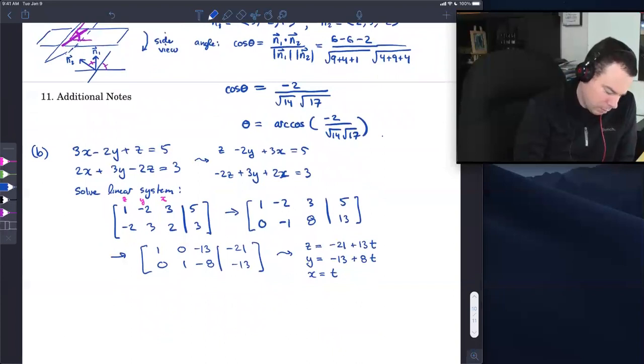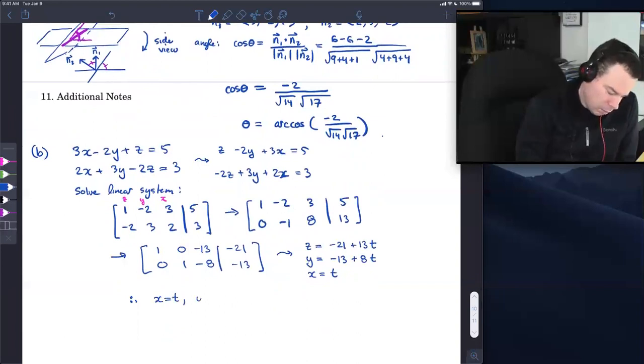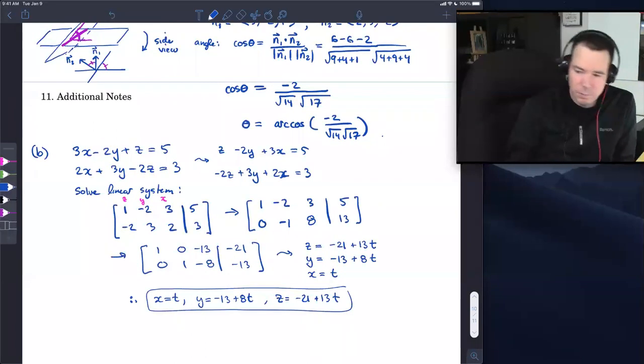And so that tells me the parametrization of the line. X is equal to t, y is equal to -13 plus 8t, and z is equal to -21 plus 13t. So that's the line of intersection.